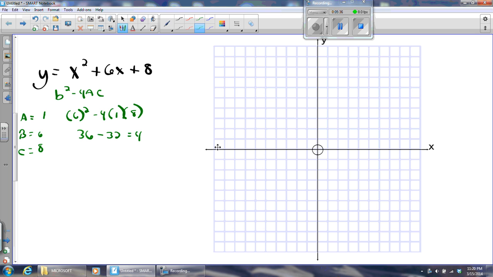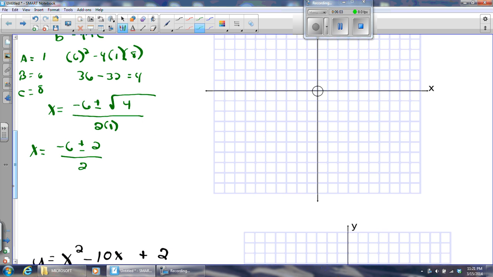Which is cool because I'm going to have two solutions or two roots, right? Okay, so now I'm going to go x equals the negative of b plus or minus the square root of the discriminant all over 2a. All right, so I'm going to simplify this, get negative 6 plus or minus 2 over 2.